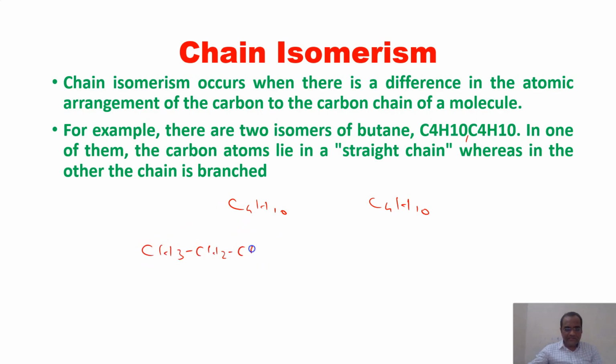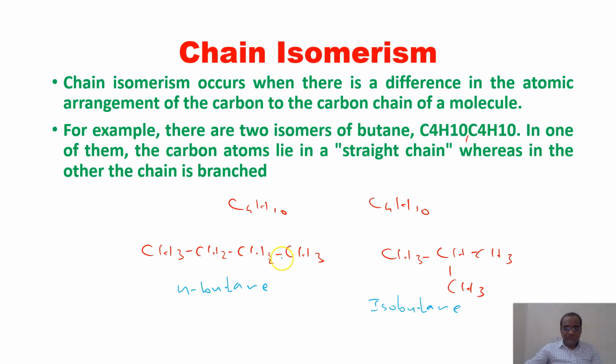Already we have taken this example earlier also. So this structure resembles the molecular formula C4H10, and I will write one more structure with the same molecular formula, but the structural arrangement will be different. So this molecule, now I will write the name of this compound, it is n-butane, and the further molecule is isobutane.